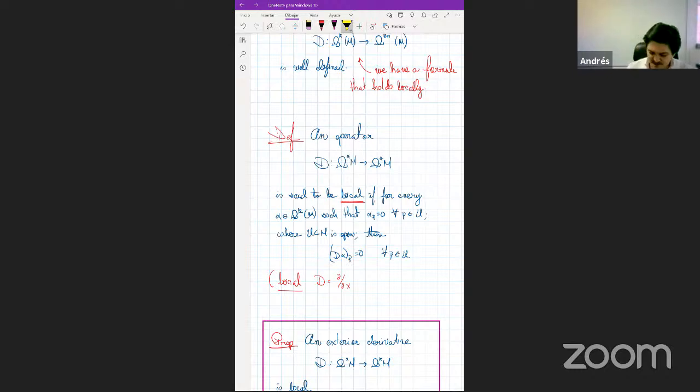So here, what we're saying is, I have a differential form, but on some open set it is zero. Nothing happens. Then the differential on that same open set is going to be zero.